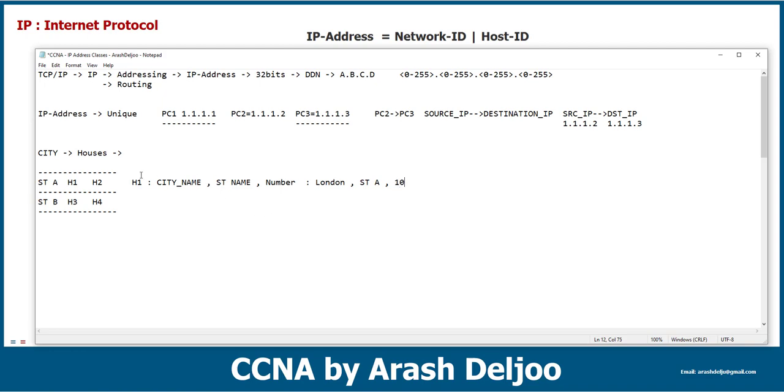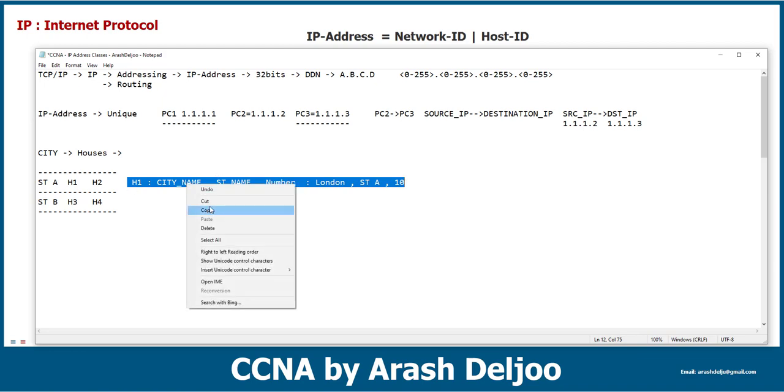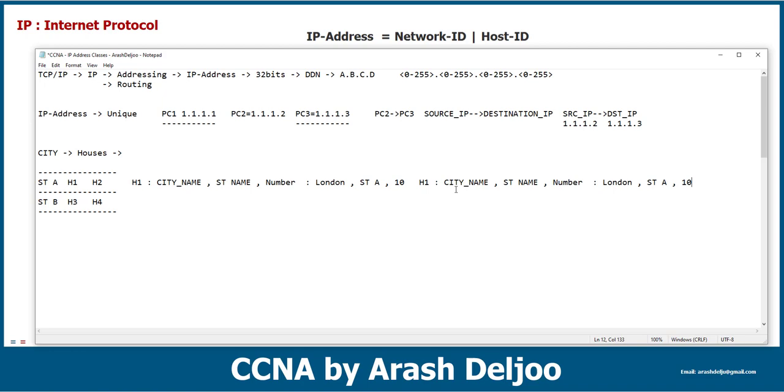This is the address of host 1. The address of host 2, with the same structure of city name, street name, number, is London, street A, and the number 11. This is the address of host 2.